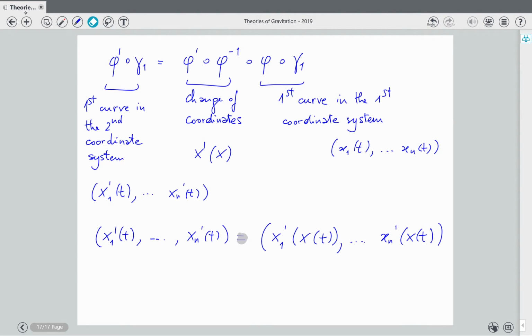Let me not write equal here, because there's a change of notation, but this is what we do with a map.